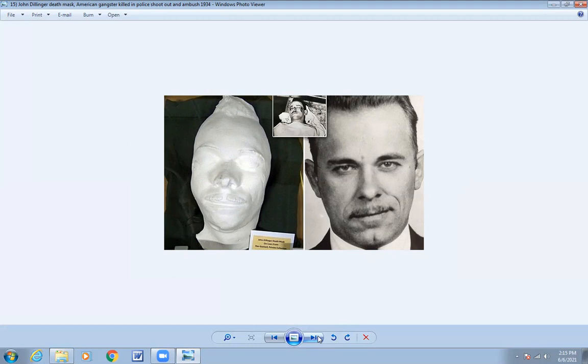Supposedly, the death mask you see on the left, and sadly, yes, the picture above in small portion, is a picture of him in the morgue after he was deceased. Apparently, that death mask was not made with permission of the FBI. Someone came in, took the picture, made the casting, and left, and the FBI didn't know about it, they said, until after the death mask showed up. And a lot of people were very unhappy about that.